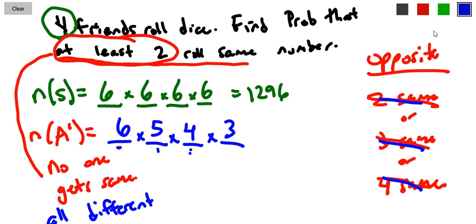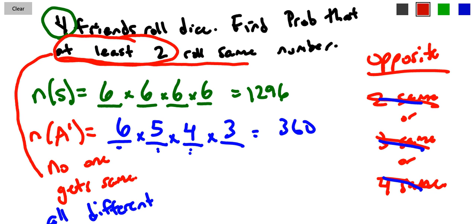So if I do this math, 6 times 5 times 4 times 3, I get 360. I hope that's right. 20 times 18, that sounds right. So of the 1,296 possible outcomes, 360 of them have all unique items.